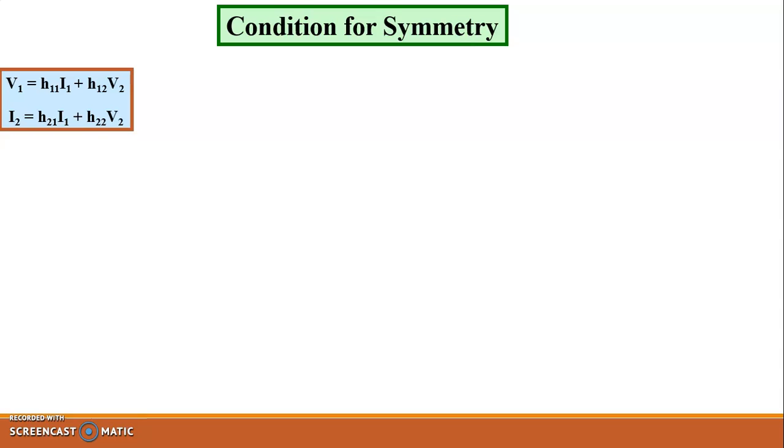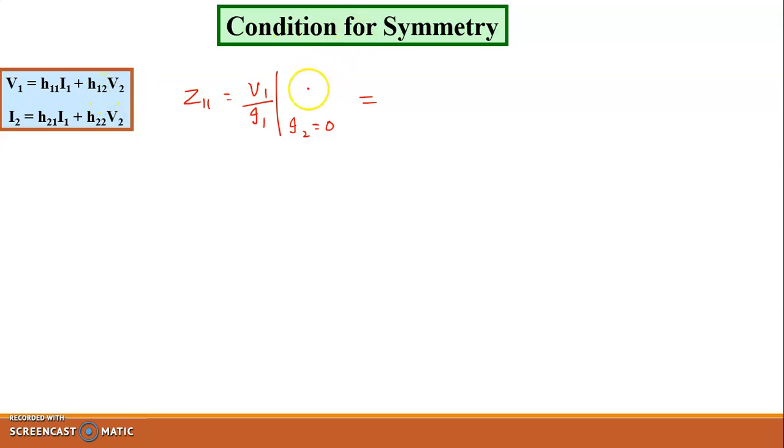Here we are going to perform the same thing, but we can go by another method. We know from the Z parameters that Z11 is equal to V1 by I1, obtained by making I2 equal to 0. From the H parameters, V1 is equal to H11 I1 plus H12 V2.